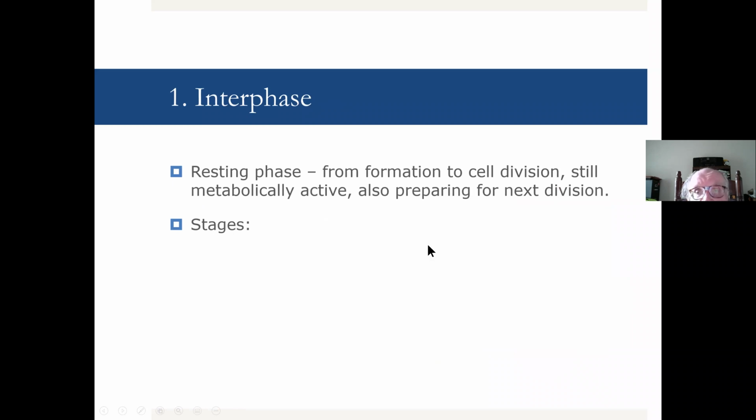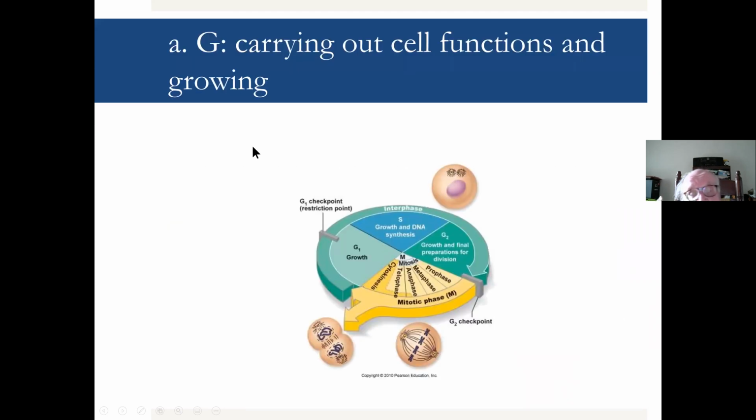Resting phase from formation, cell division, still metabolically active, also preparing for next division. The first is the G1 phase, carrying out cell function and growing. When a cell undergoes mitosis and divides, it forms two identical daughter cells that are smaller than the original cell, because essentially you're dividing the cell in half.